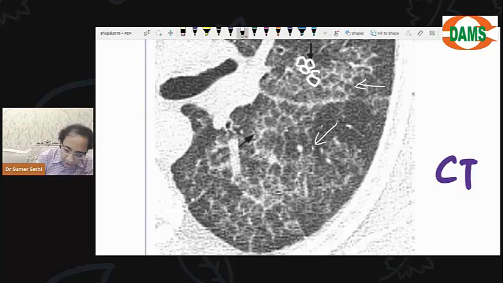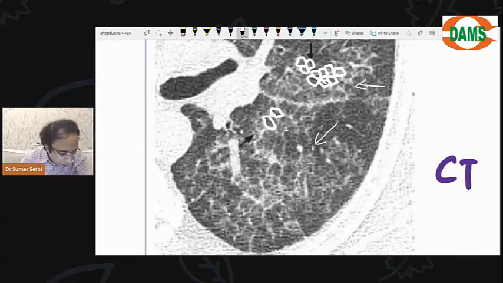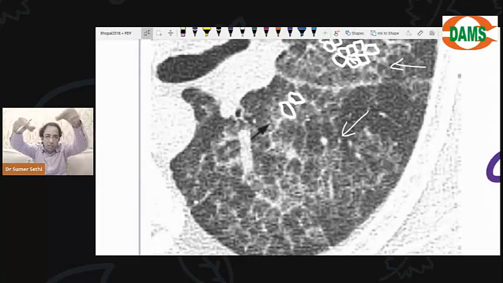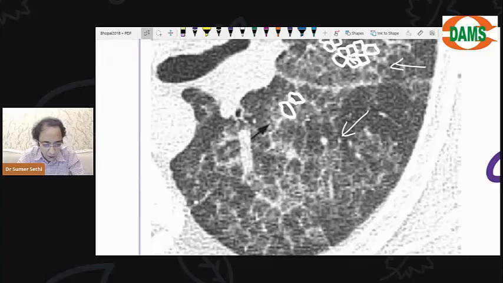These are septal thickening. So ground glass appearance with septal thickening. What do you think? Crazy pavement appearance. You will see those polygons because of the thickening of the interlobular septa. This is called crazy pavement appearance.